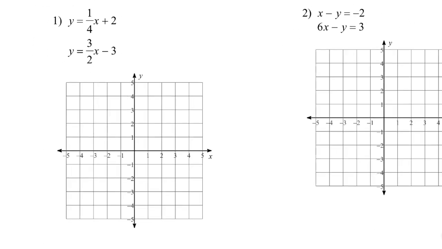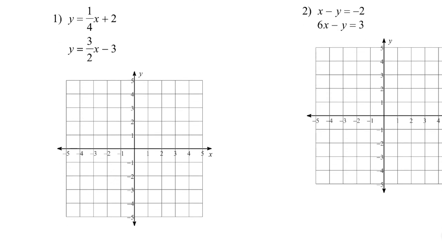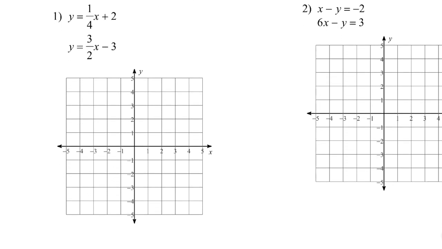On this first one, we're asked to solve the system of equations by graphing. So we're just going to graph the two equations. In this first one, our slope is 1/4 and our y-intercept is +2. I'm going to put a dot at (0, 2) for our y-intercept, and our slope goes up 1 and to the right 4, right there.